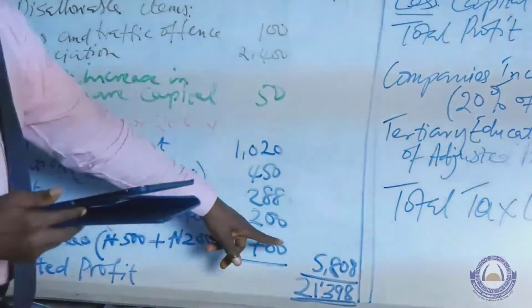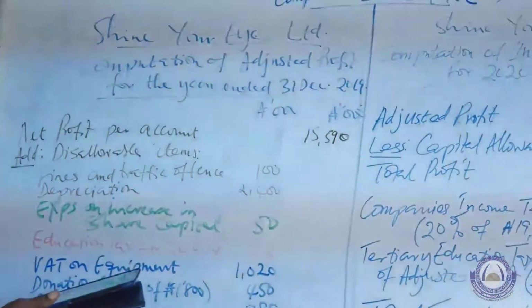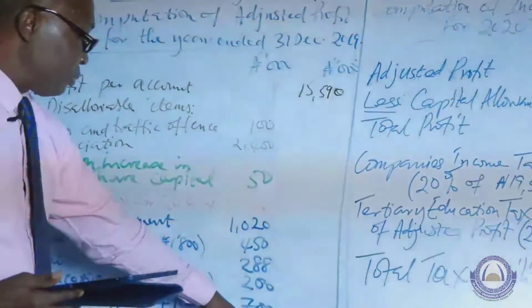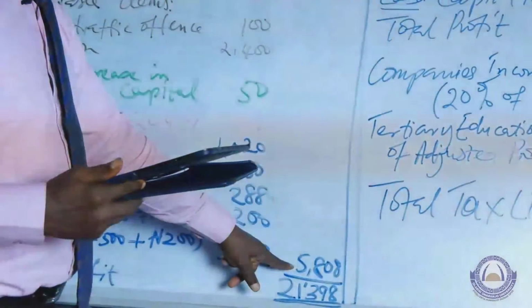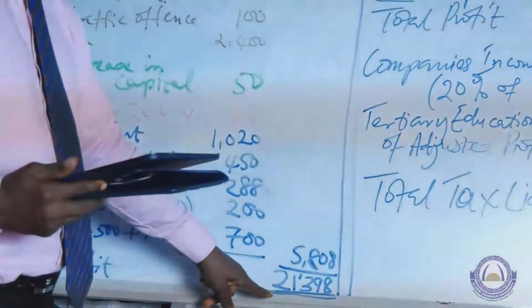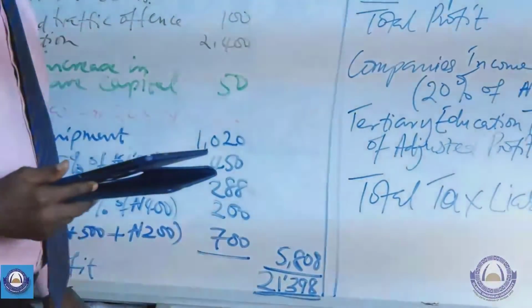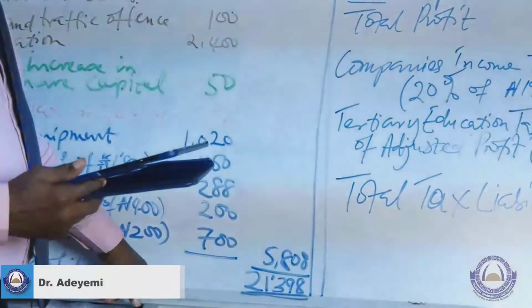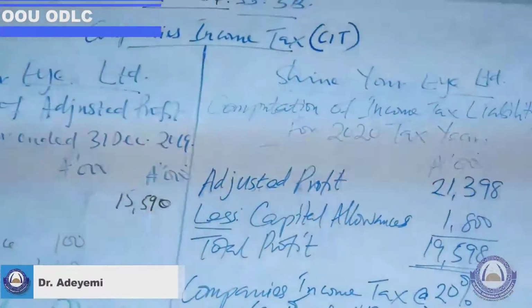All disallowed expenses will be added to the net profit per the account to give us the adjusted profit. So when you add 15,590,000 to 5,808,000, it will give you the adjusted profit of 21,398,000. And this adjusted profit will be the item that we are going to carry to the computation of the tax liability for the year.